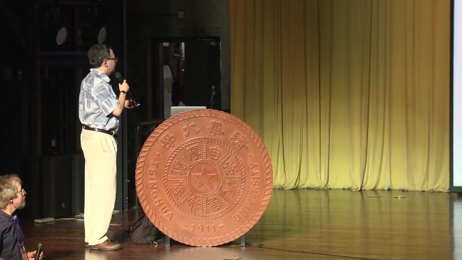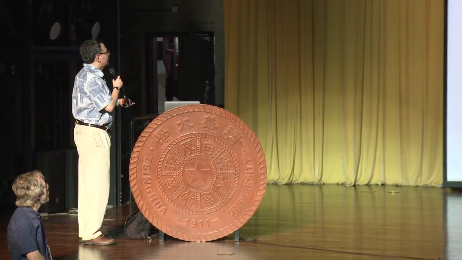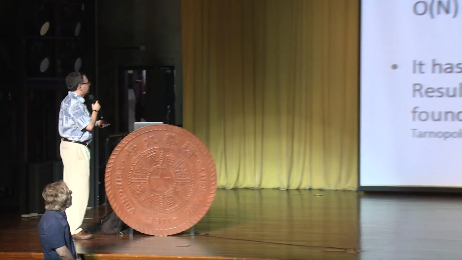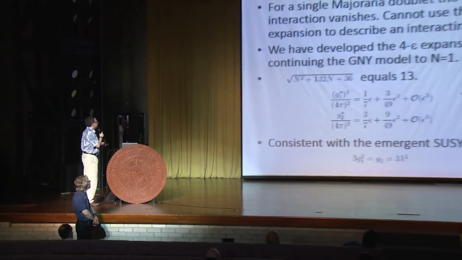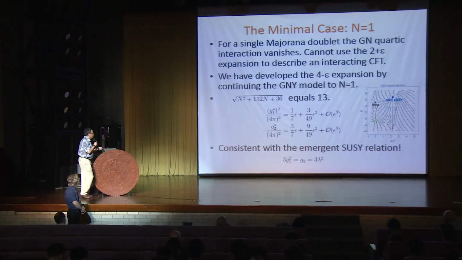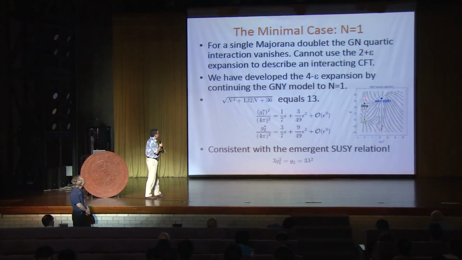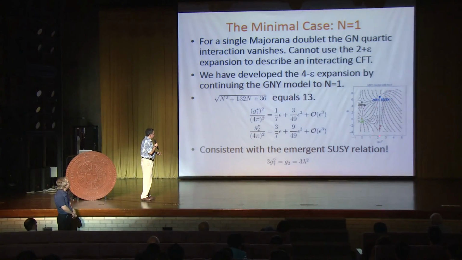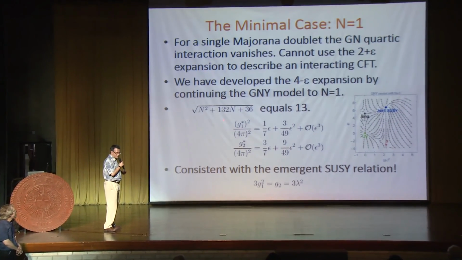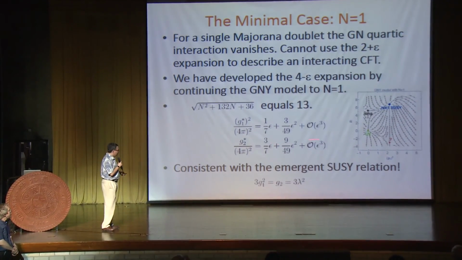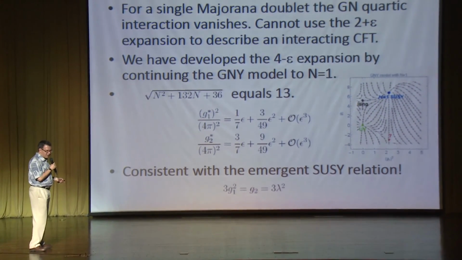So let me try to go back. Yeah, I have this phase diagram. Well, this is for radical 2. Yeah, this is for radical 1. So you see the SUSY one, the g2 is positive. There is another fixed point which is just related by the other branch of the square root. There are basically 2 solutions. This one looks unstable in 4 minus epsilon.